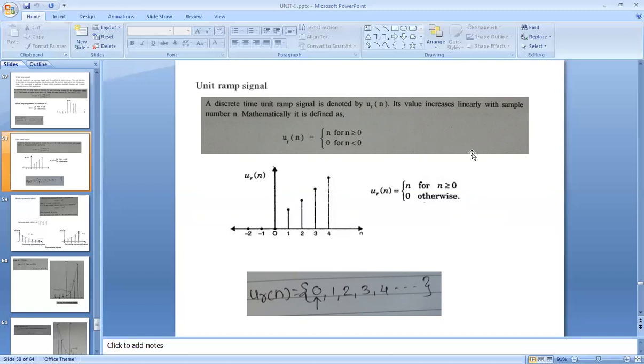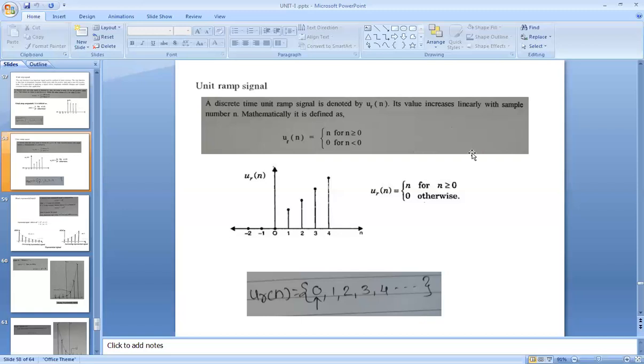In the graph, it is drawn. You can read this graph as follows: on the x-axis n is written, and on the y-axis ur of n is written. When n is equal to 0, ur of n is equal to 0 because its value is represented as ur of n equal to n. Similarly, when n is equal to 1, ur of n is equal to 1. So it is marked over the graph. One by one, all values are marked as n increases.